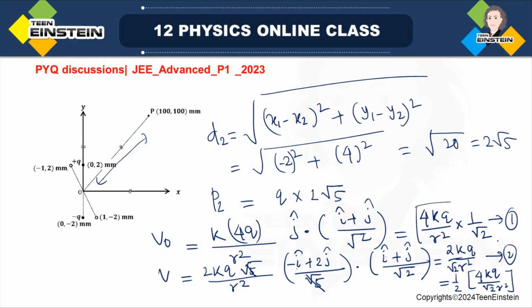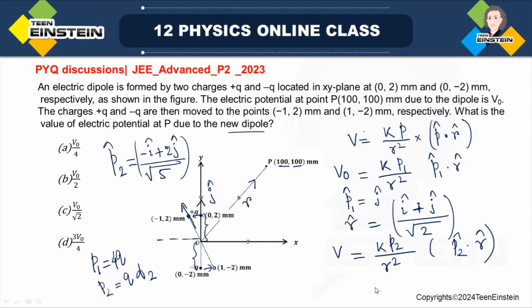These two values are now identical: 4KQ divided by root 2 into R square. So what I get is V is equal to V0 by 2. Let us see the options. Option B will be the correct answer for this question.